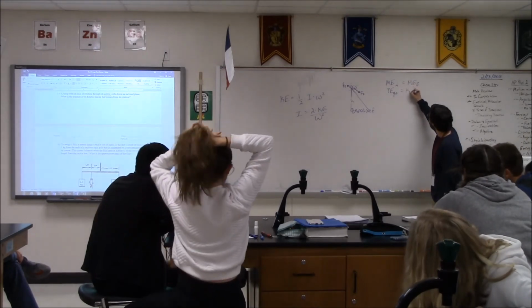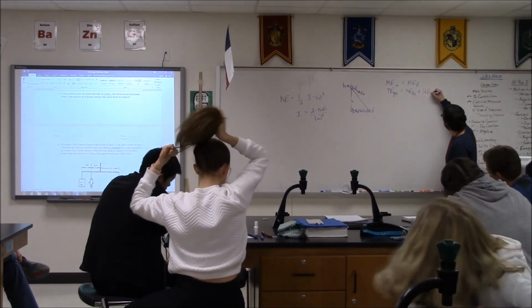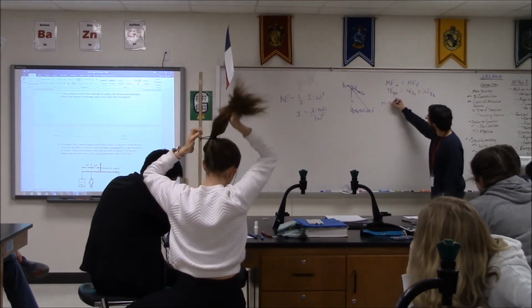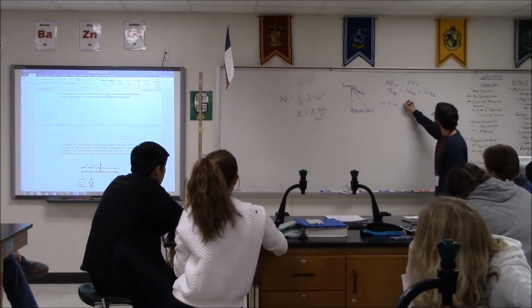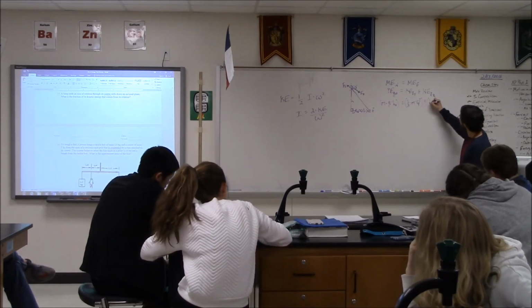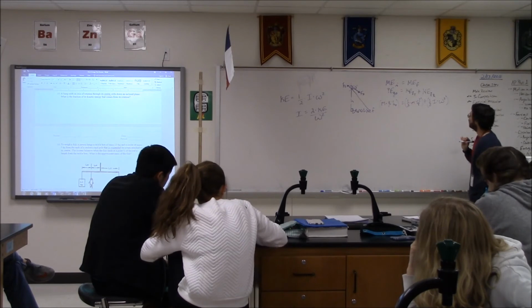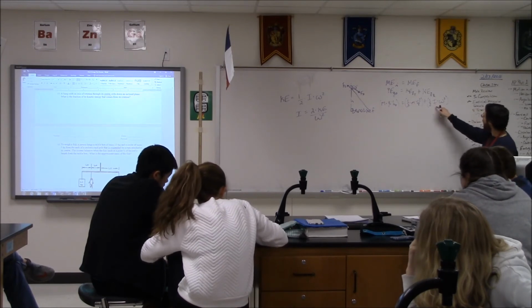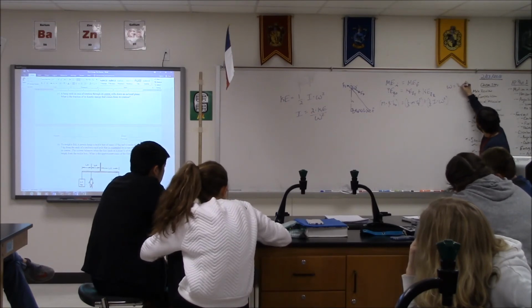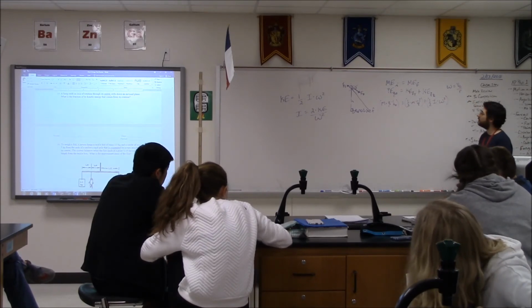Equals, it's going to have translational kinetic energy final, and it's going to have rotational kinetic energy final when it gets to this point, right? So that's mg h naught equals 1/2 mv final squared plus 1/2 I omega squared. I need to know what I is, and I need to know what omega is. Omega is v over R, right? What's I for a hoop?